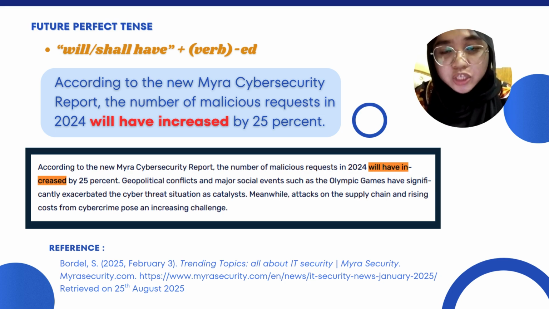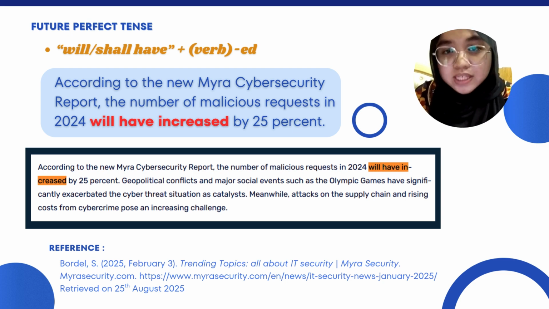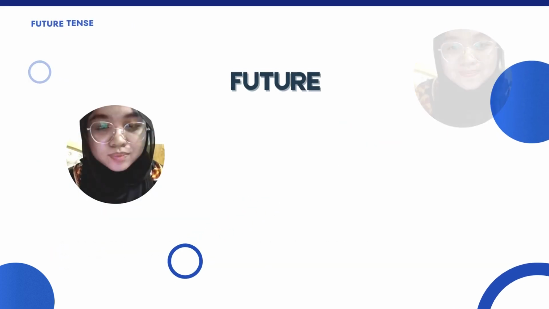And the second action is reaching the year 2024. So the phrase will have increased shows that the first action, which is the increase of malicious requests, will already be completed by the time we reach 2024, which is the second action. That means the first action will already be completed before the second action takes place.